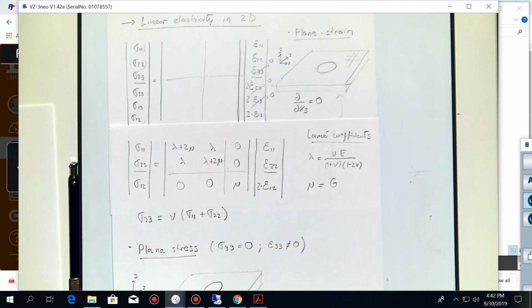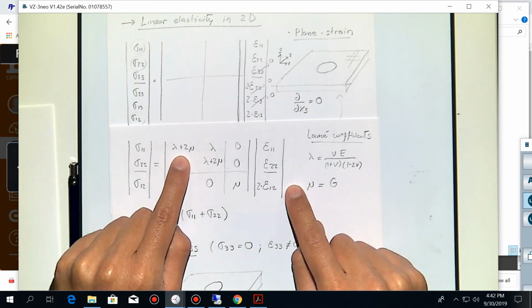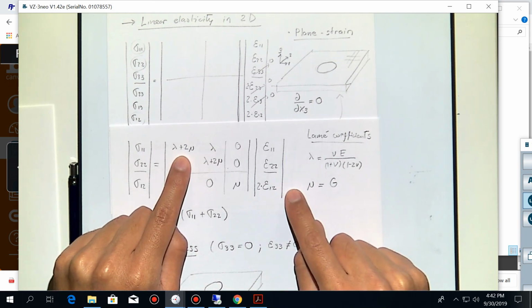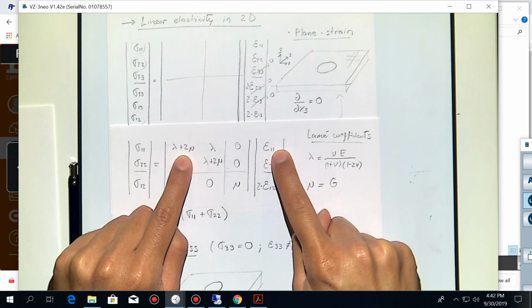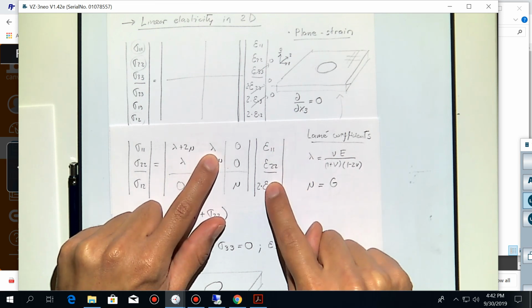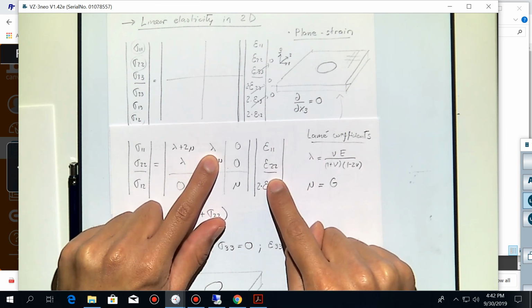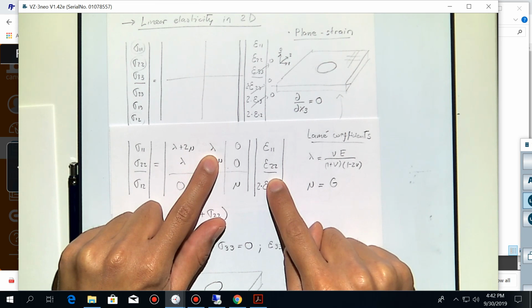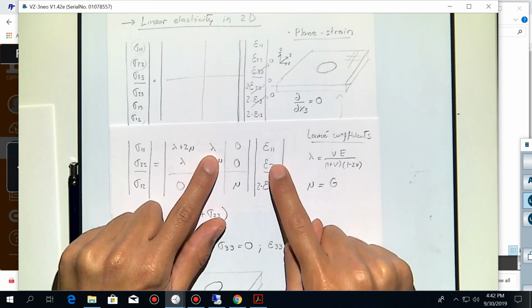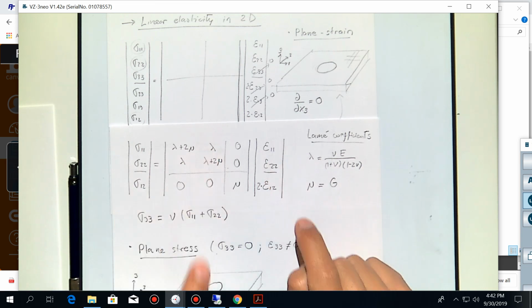Okay. It's just this. So sigma 11 is lambda plus 2 times the shear modulus times epsilon 11 plus lambda times epsilon 22. Let's check that. Lambda plus 2 times mu epsilon 11 plus lambda epsilon 22.